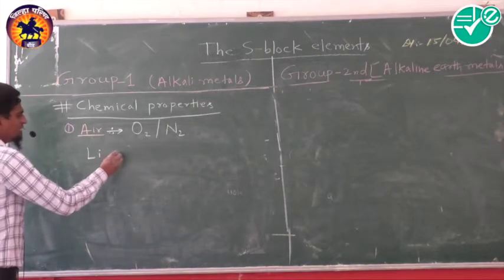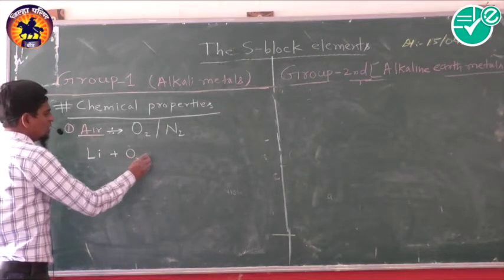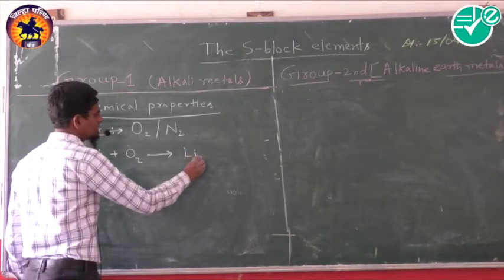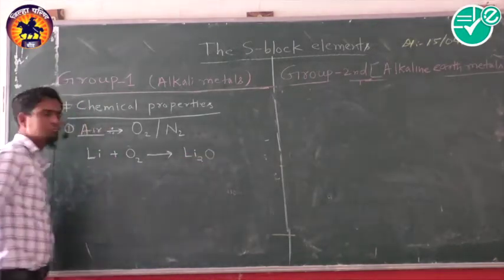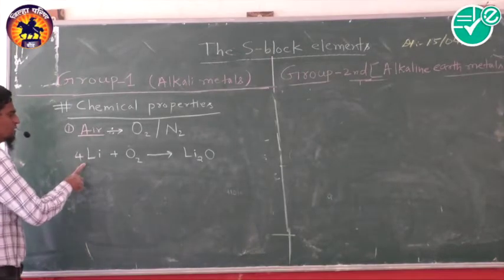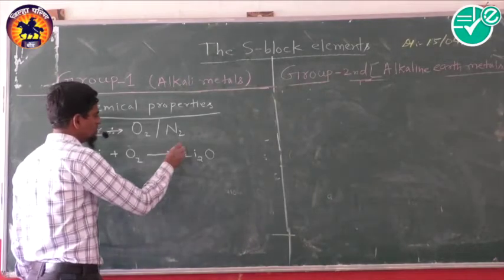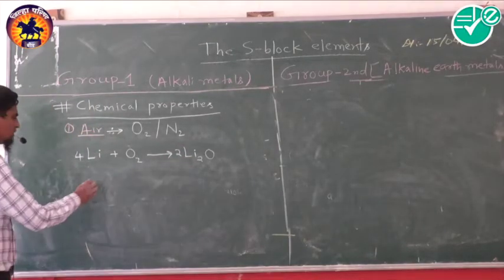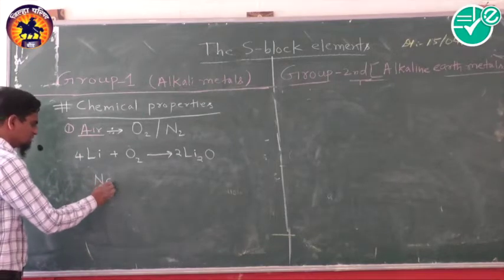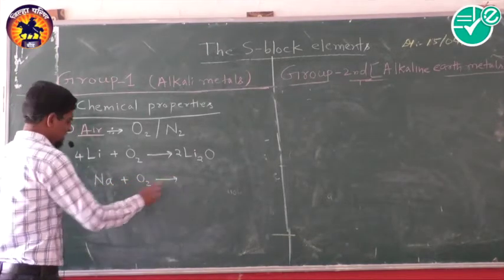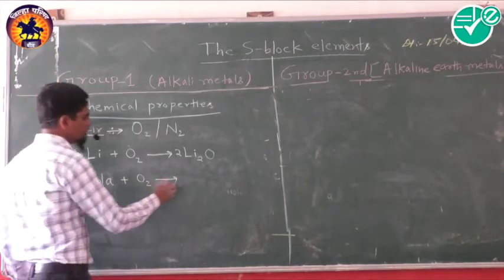When lithium reacts with oxygen, it forms lithium oxide, Li2O. It is not balanced, so I take 4 moles of lithium, where 2 moles of lithium oxide are formed.